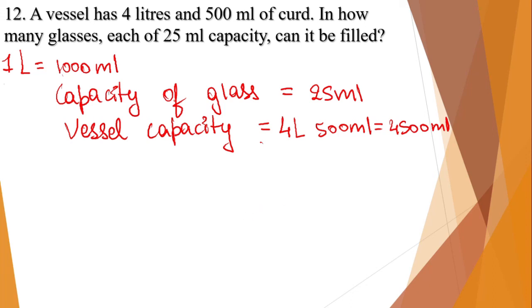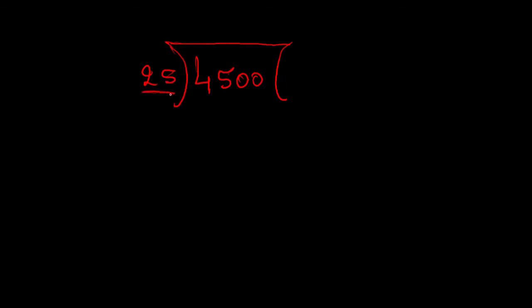Now to find out how many glasses, we should do 4500 divided by 25. Now here we have 2 digits in the divisor, so here also we will take 2 digits. Now here we have 45. Now the nearest value which we can take is 25 into 1, which is 25.